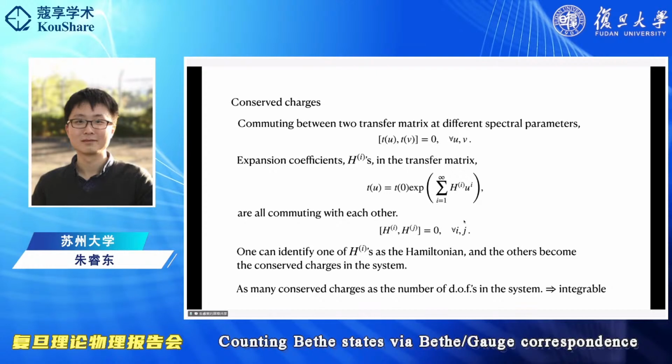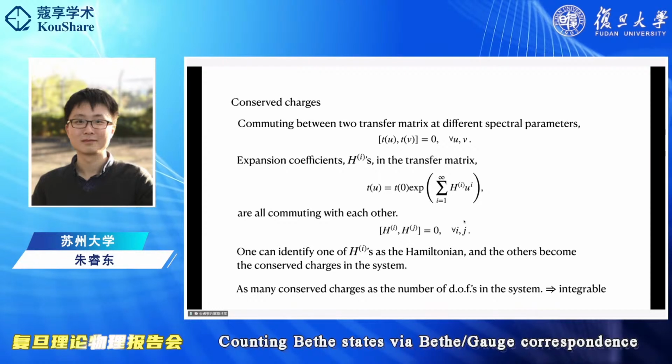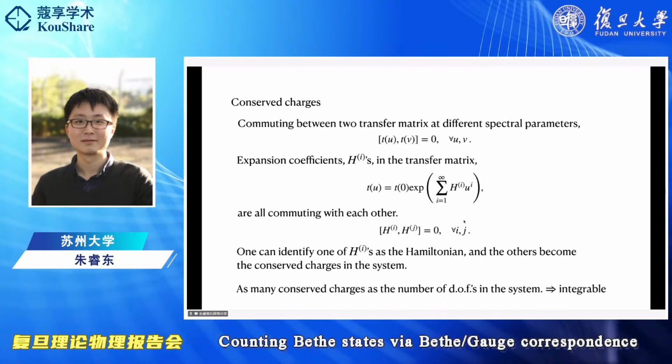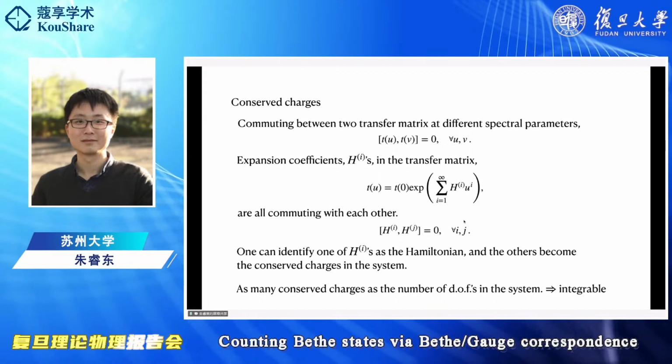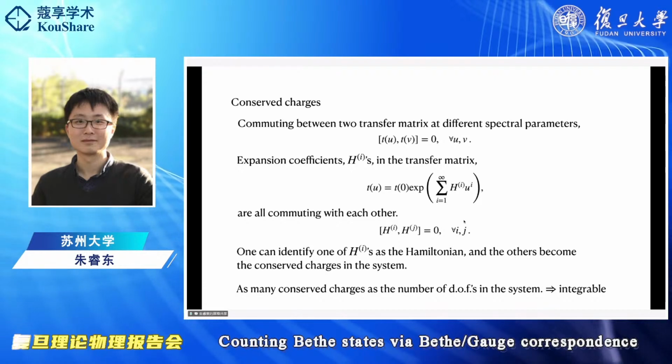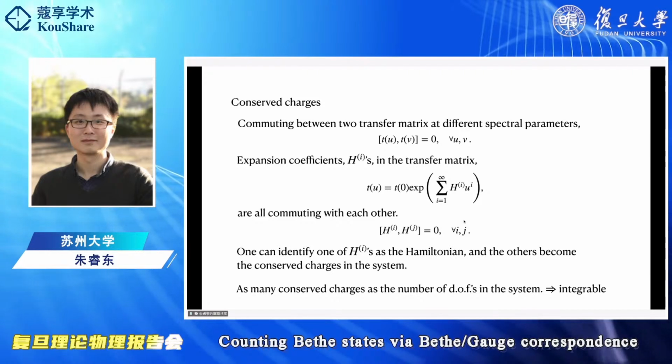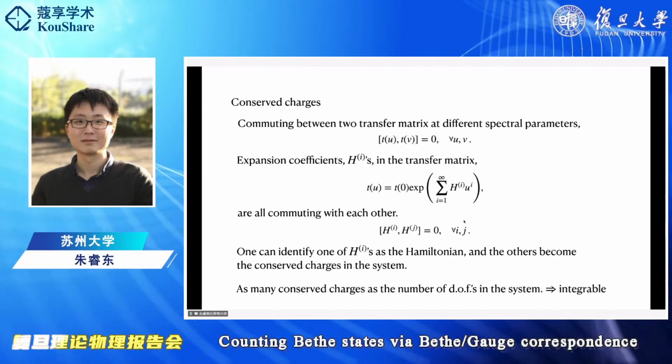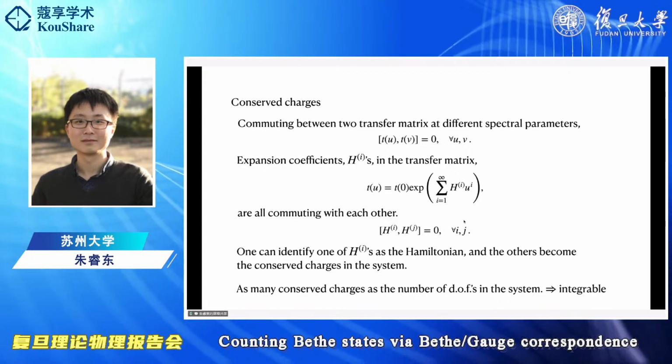This suggests that if we do the expansion over u for this transfer matrix, we get a lot of expansion coefficients as matrices, but these matrices commute with each other. So we have this very big commuting family of operators. If we identify one of the expansion coefficients as the Hamiltonian of the system, then we get a bunch of conserved charges in the system.